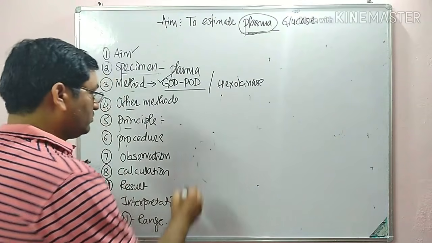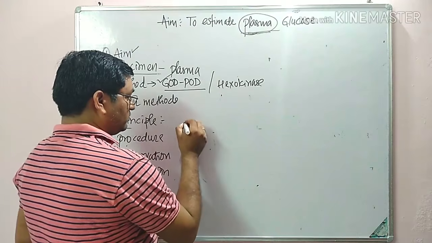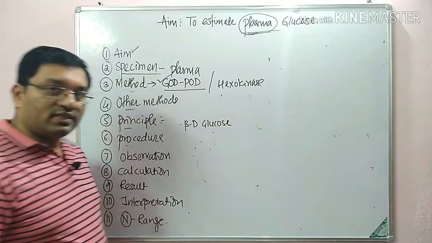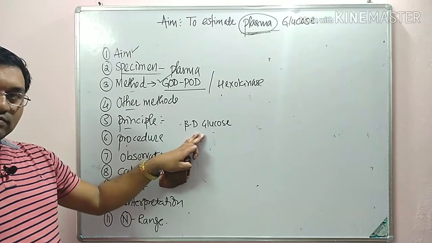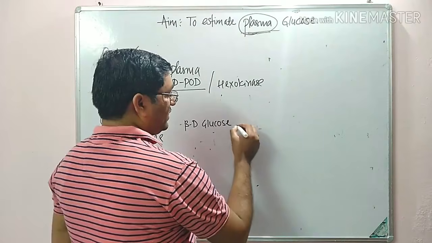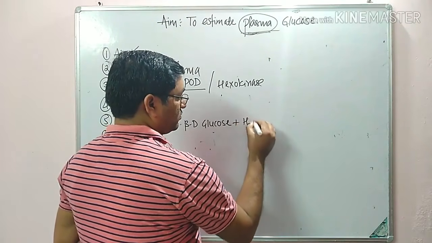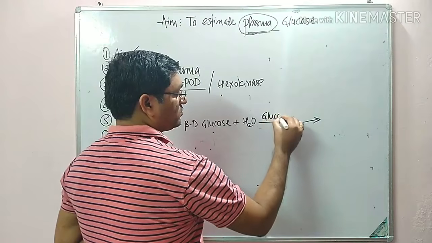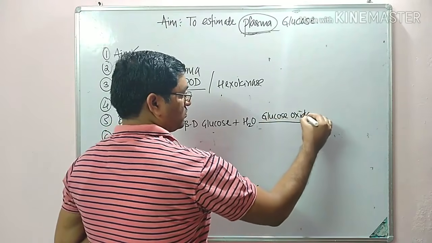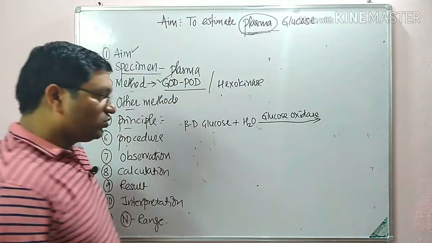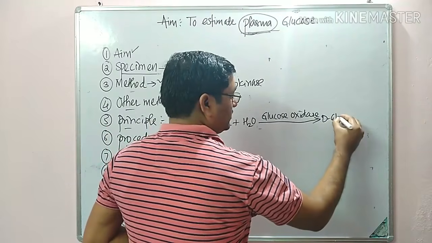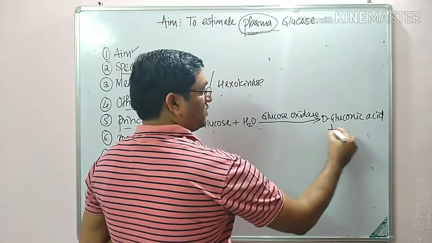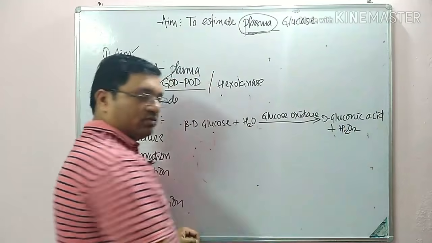According to this method, beta D glucose, which is present in the plasma, is acted upon by glucose oxidase to give D-gluconic acid and H2O2, hydrogen peroxide.